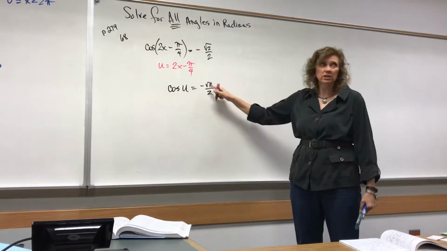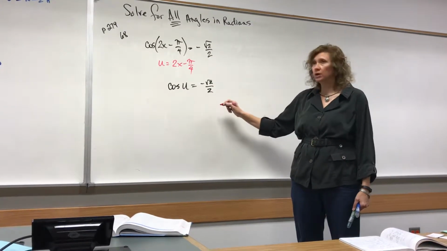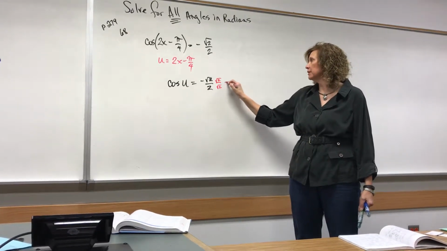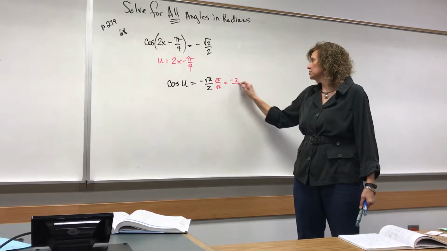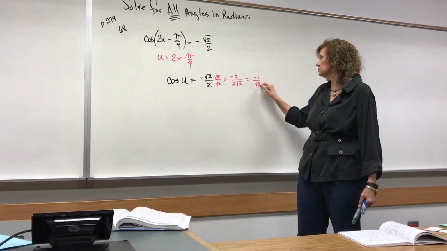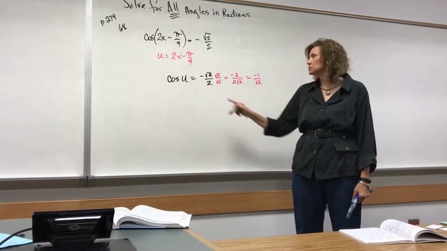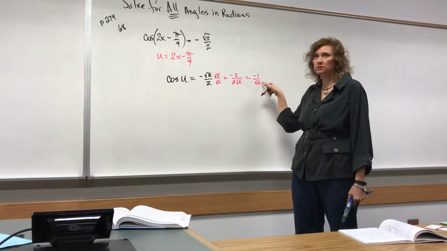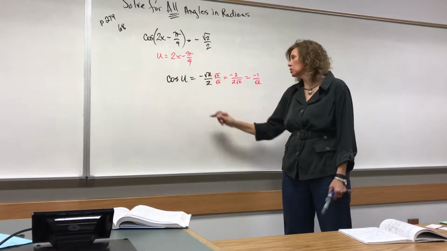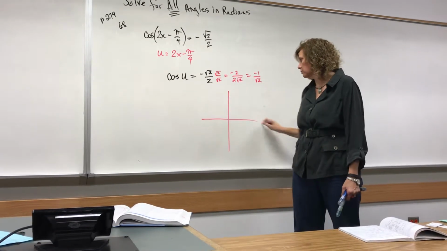This is the rationalized form of 1 over root 2, which we could actually get if we multiplied top and bottom by root 2. I get minus 2 over 2 root 2, which is minus 1 over root 2. Well, now we could draw our triangle just like Justin recommended.